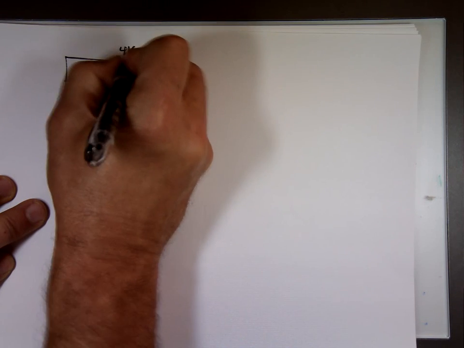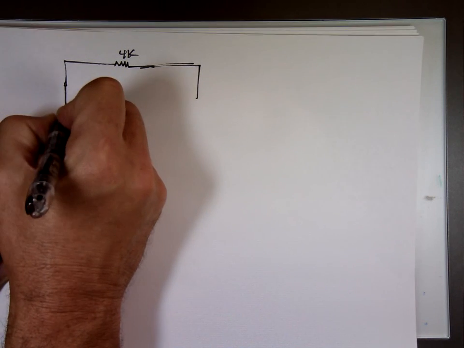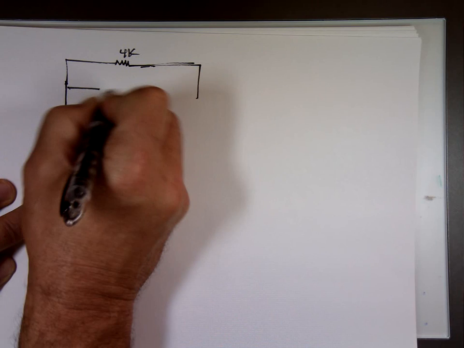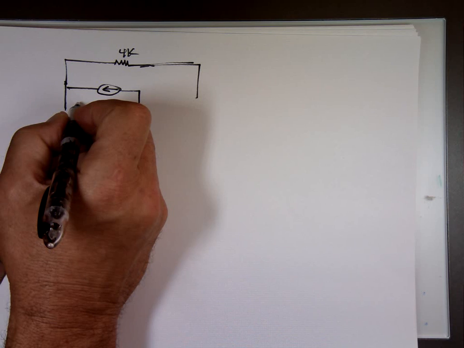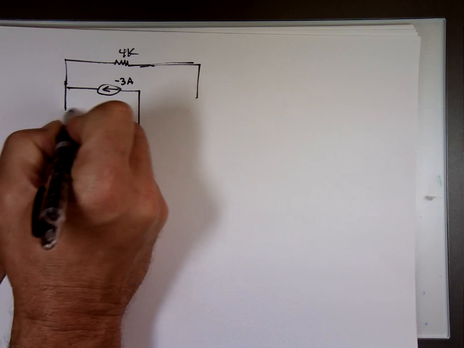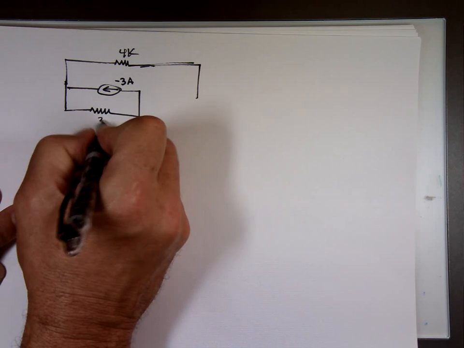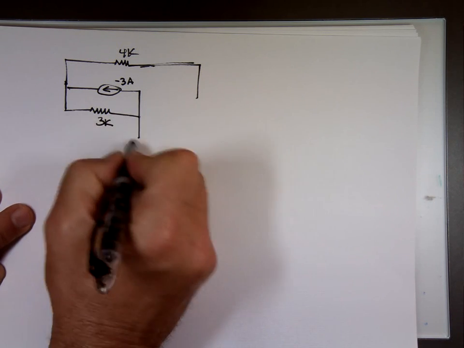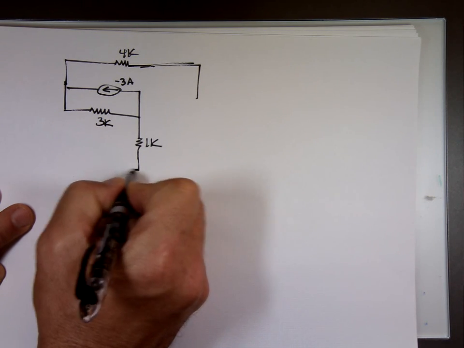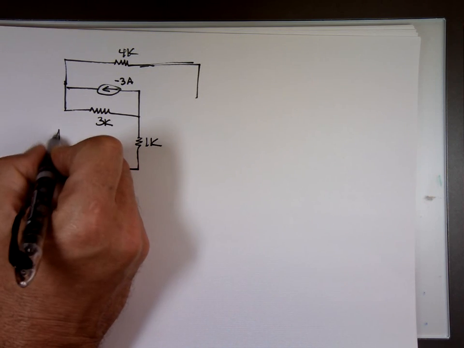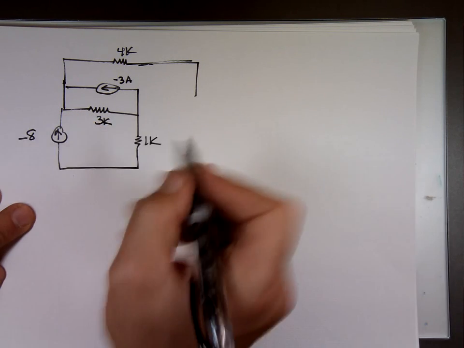4K. Negative 3 amps going this way. 3K. 1K. Negative 8 amps going up there. We looked at that circuit before.